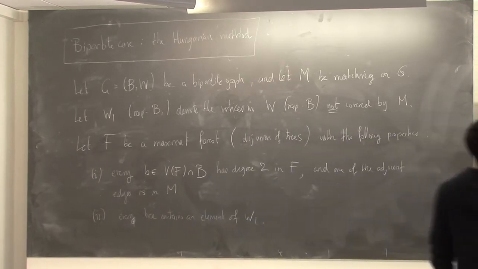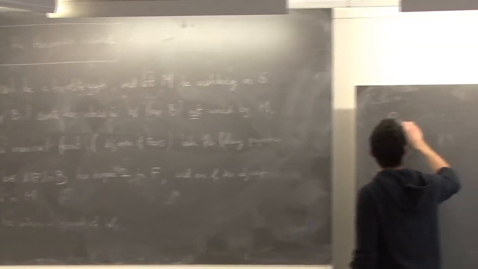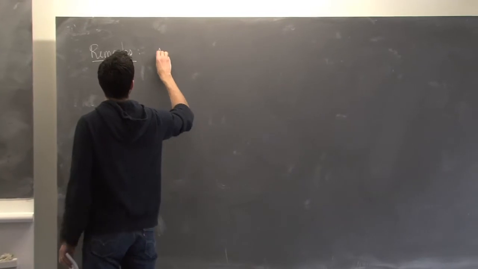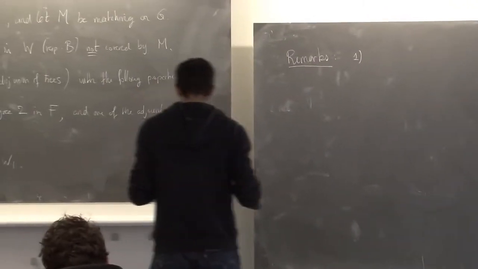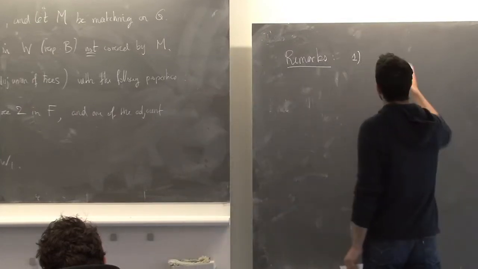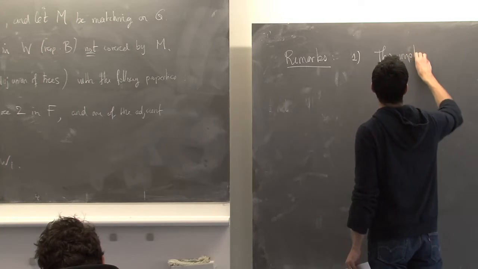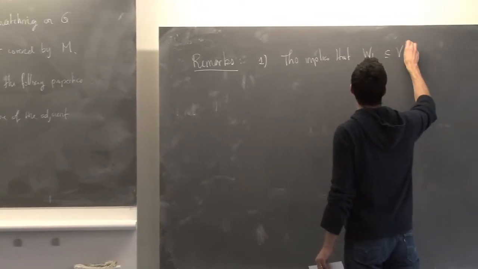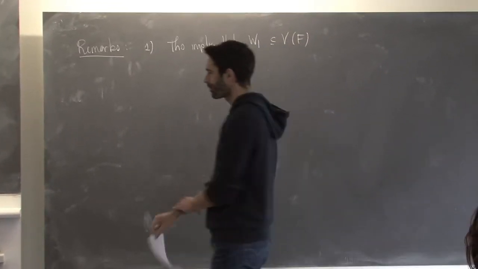So I'll just make a couple of remarks, and then you'll understand why we introduced this. So the first remark is that this implies that W1 is in the vertices of the forest.